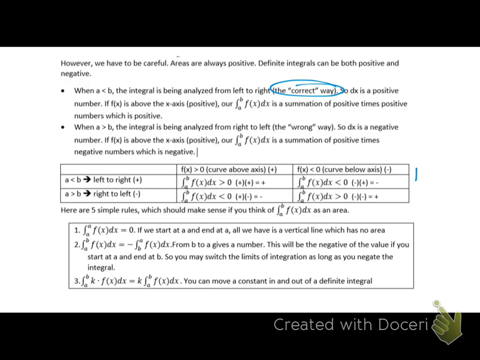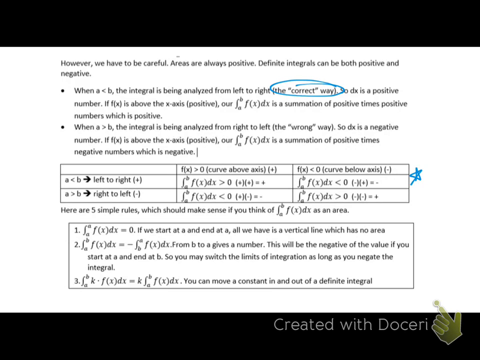Okay, and it's all summed up in this table right here. And you can think of it as left to right is a positive value, right to left is a negative, above the x-axis is positive, and below the x-axis is negative. So depending on which combination of that you have, that determines the sign of your actual area.